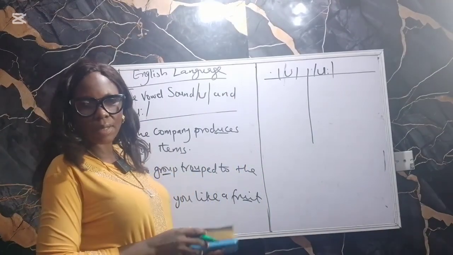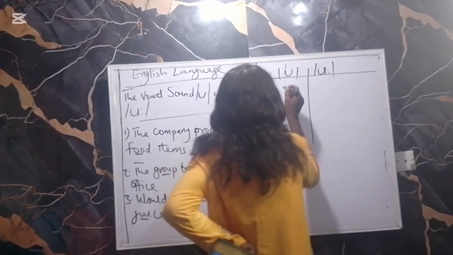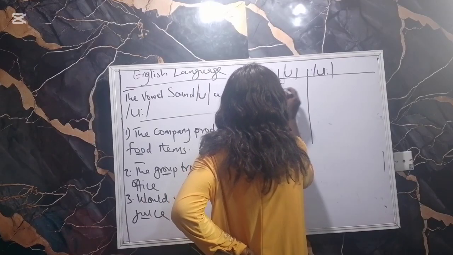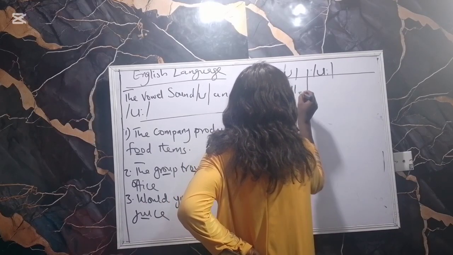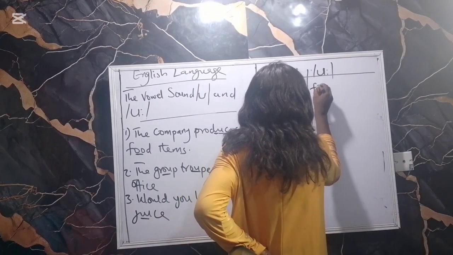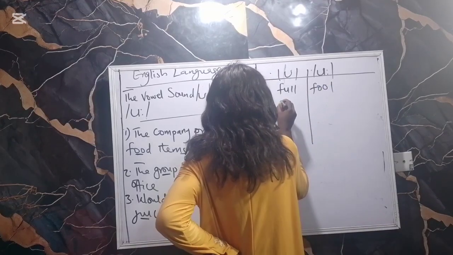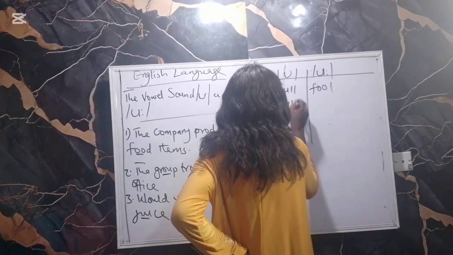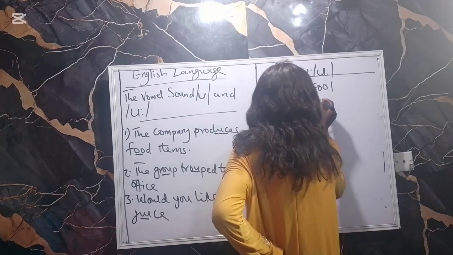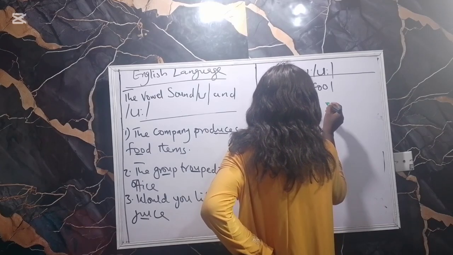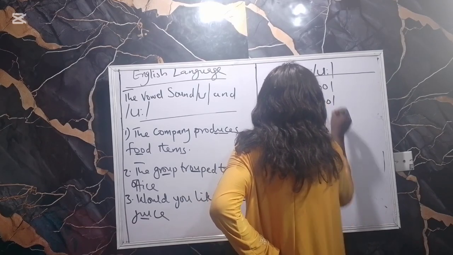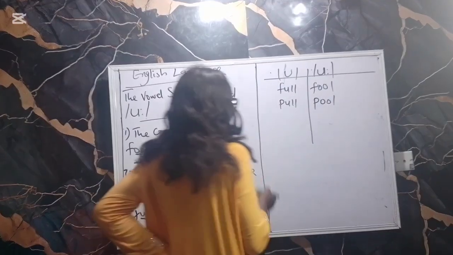O and U. Let's see if we can transcribe them. We have full, and here we have full. Here we have pole, and here we have pool. Okay, you see the difference?